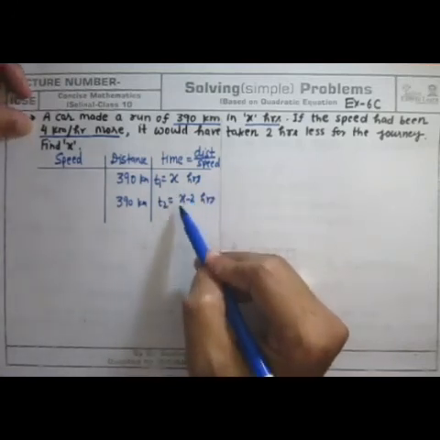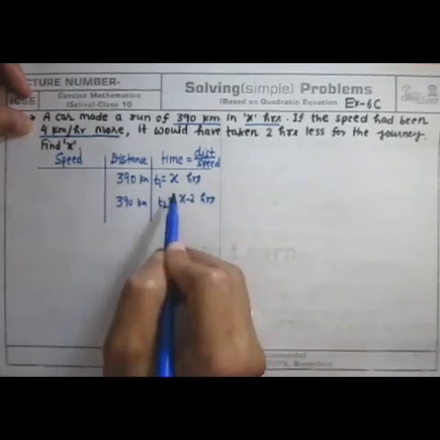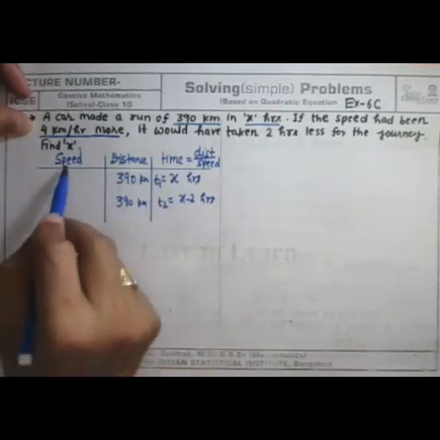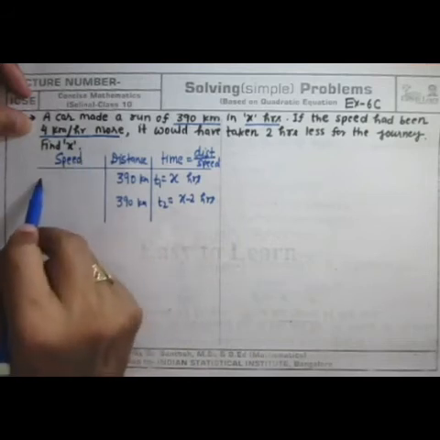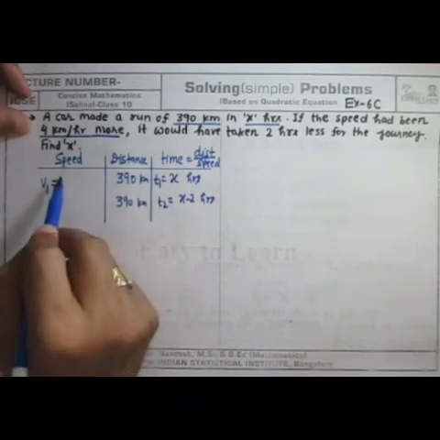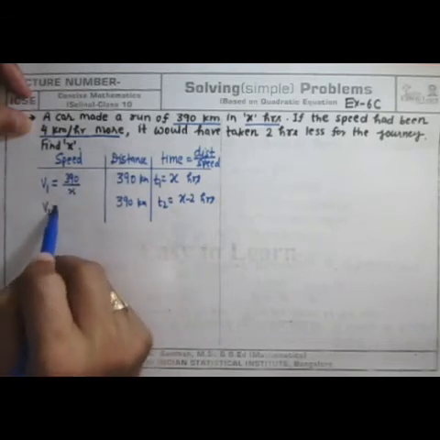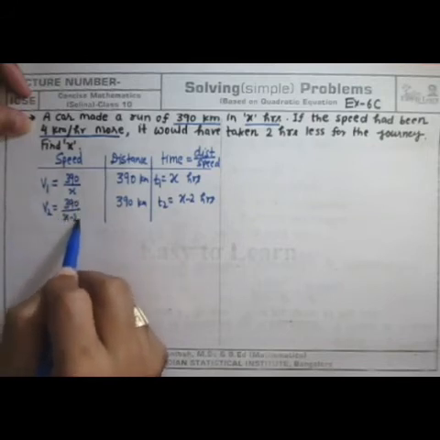So this time is given, the speeds are unknown. Clear? So we can write speed in terms of x. So speed is what? Speed is distance by time. So here the first speed will be distance by time, 390 by x, and the second speed will be distance by time, 390 by x minus 2.